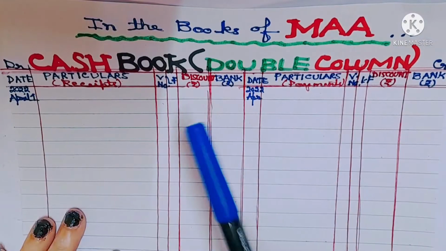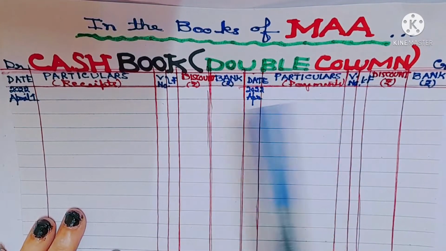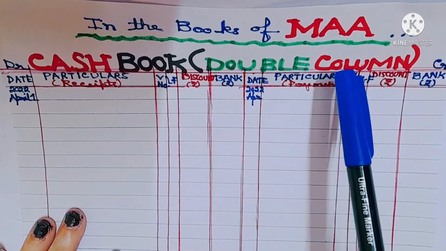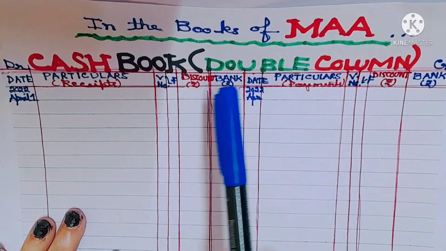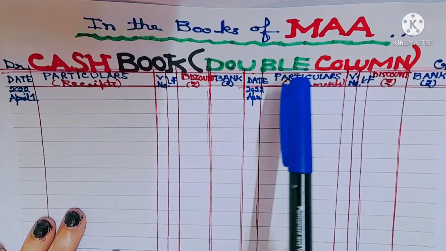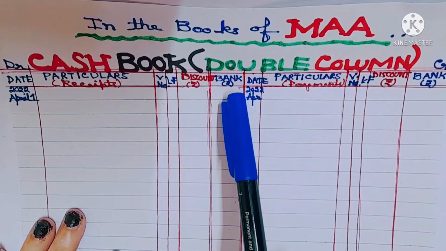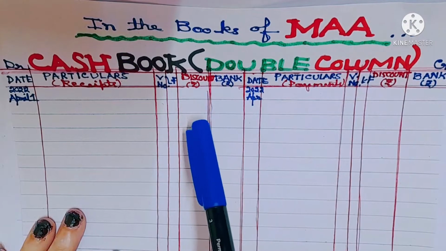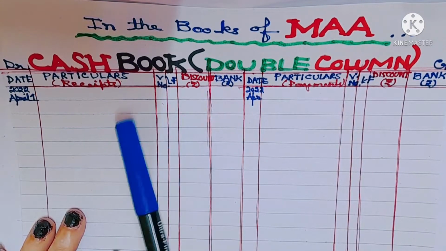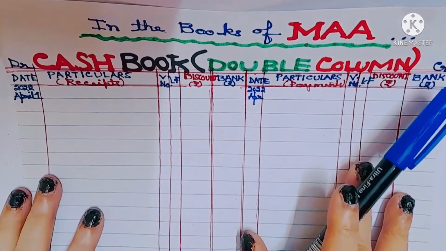Okay? And this is the format of a double column cash book. In the books of Ma, the format is just like a double column cash book with cash and bank columns. Everything is same. Instead of cash column, we're writing discount column. Otherwise, everything is same. Okay?